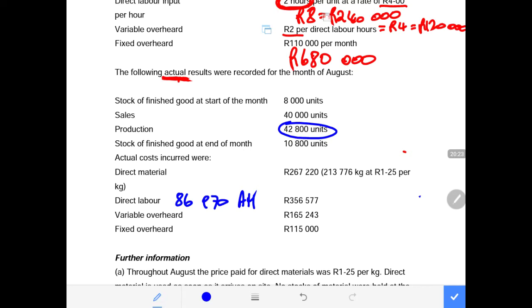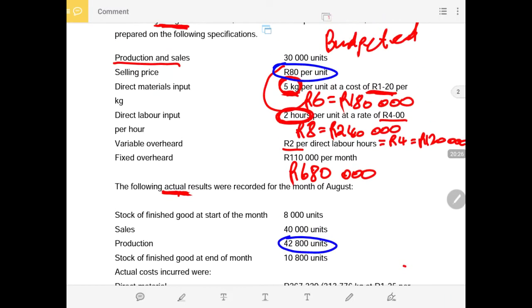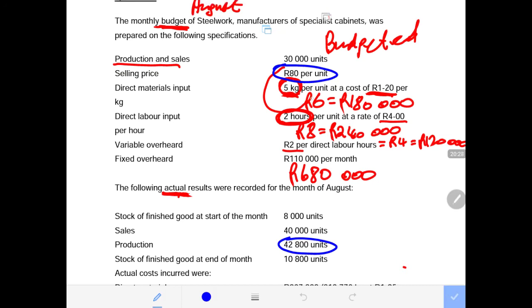Remember, standard cost is the standard information where we had the standard rate when it comes to material. Material was 1 rand 20 per kg. This 6 rand is the standard price or standard cost, and the 8 rand is the standard information.